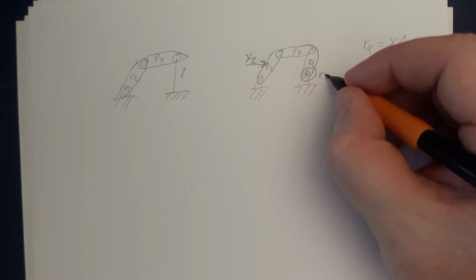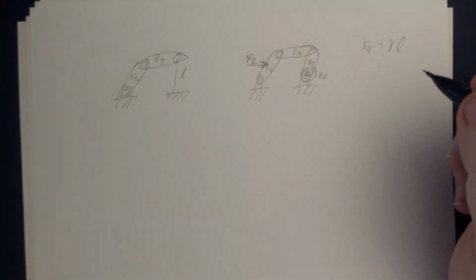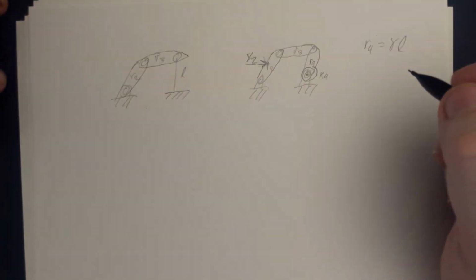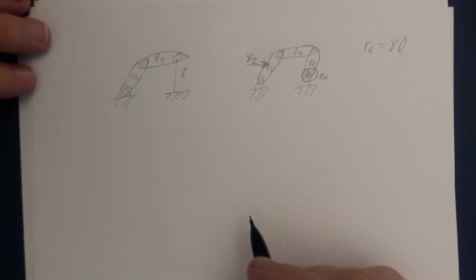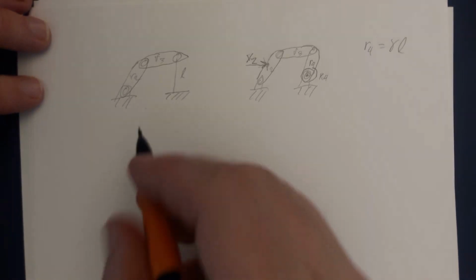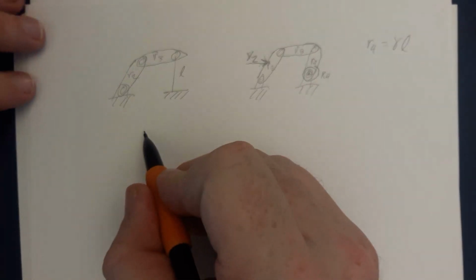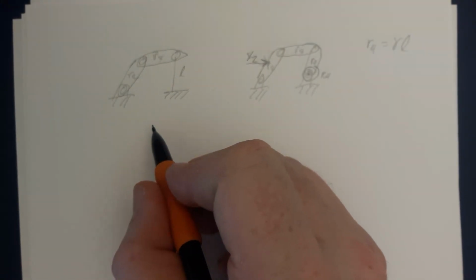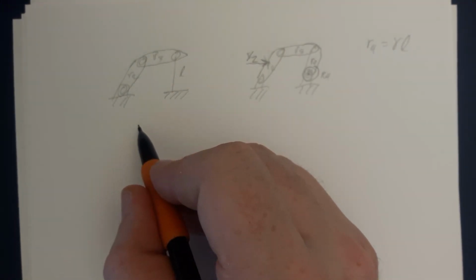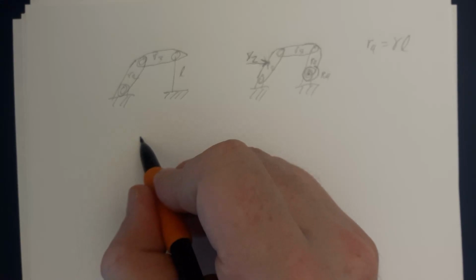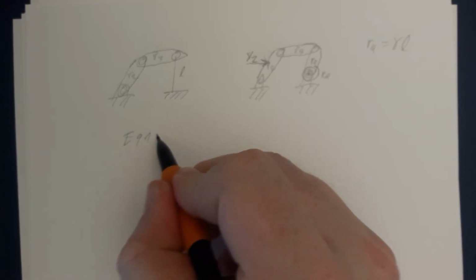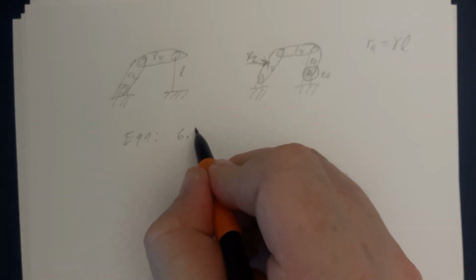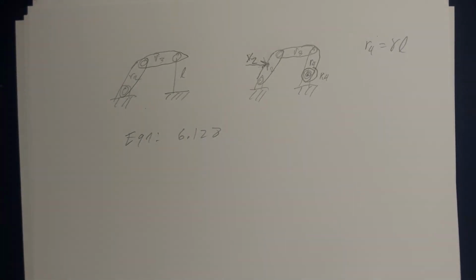and then we'll have a torque here. We'll have a spring constant K4, and so what that gives us is, if we look at all the different things that we can have, we're going to want to use, say, equation 6.128 to get the force equation for this thing.